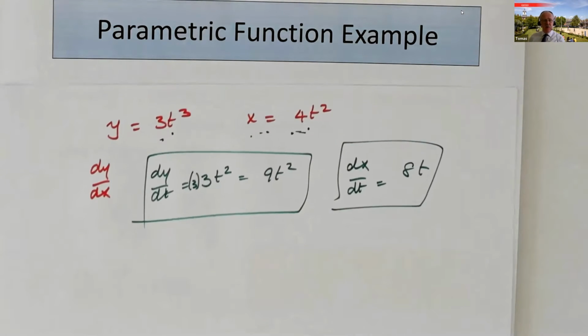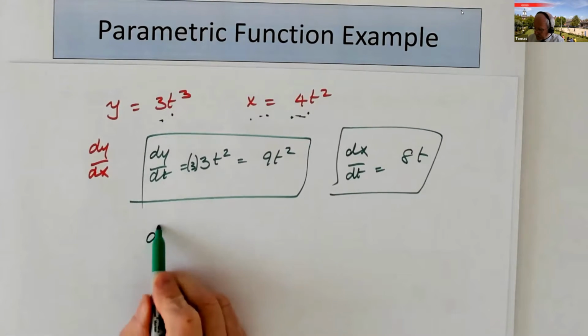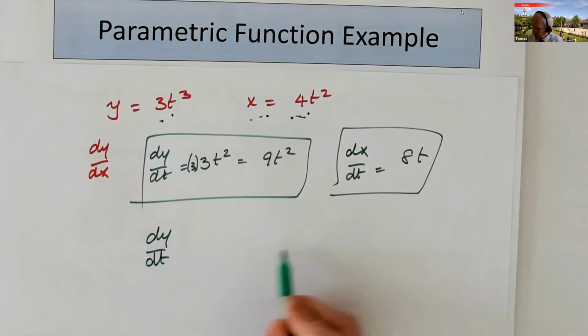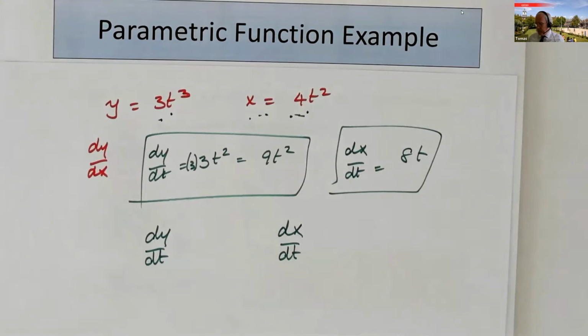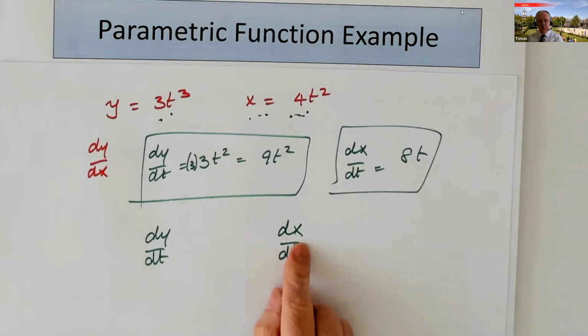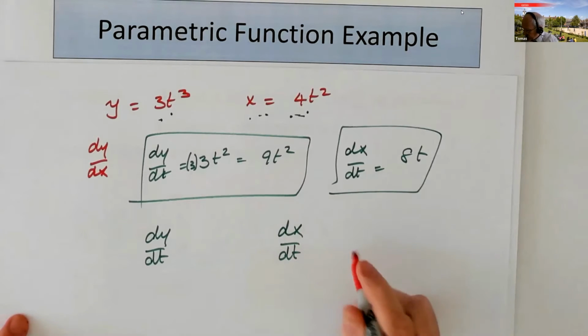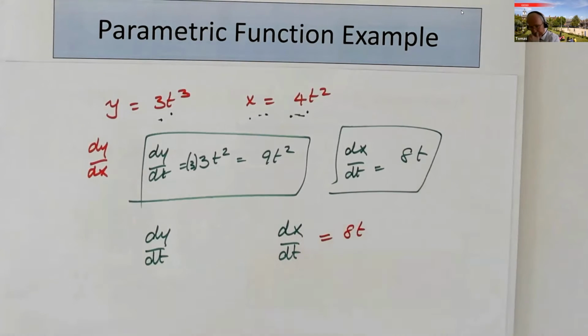But I'm looking for dy/dx. So I've got dy/dt, I've got dx/dt. And really what I'd like is the dx on the bottom. So imagine if I knew that dx/dt is 8t.